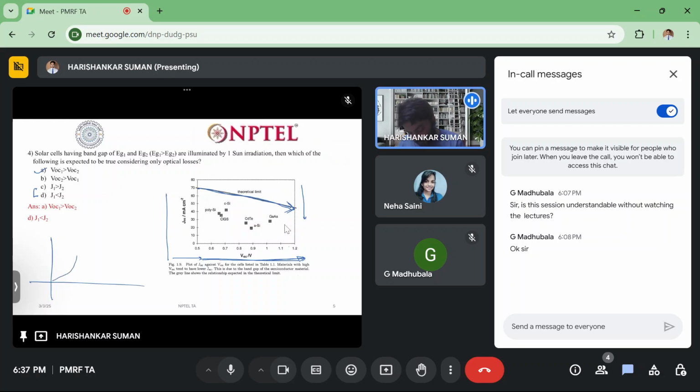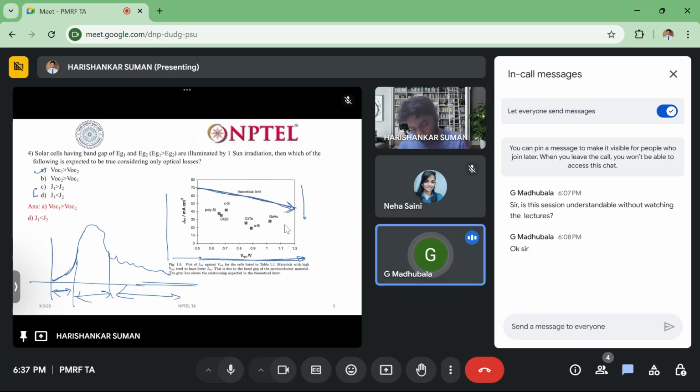If we have a spectrum like that from our sun, this is the visible range, and this is ultraviolet. I see, first lecture.